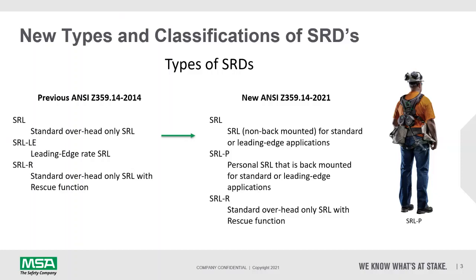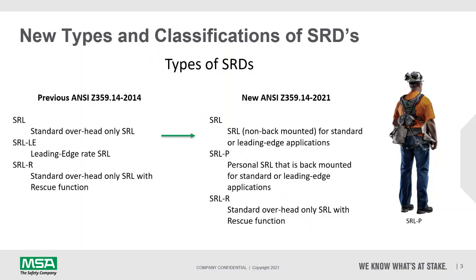The big difference would be a type SRL was a standard overhead use SRL, and an SRL-LE would be a type that was rated for leading edge applications, and the SRL-R is for standard rescue functionality. So if you're working in confined space, the SRLs that you mount to a tripod or some type of confined space setup, those were not required to be on the label, but some manufacturers do put them on the label, which is why it's important to cover, because you might notice that.